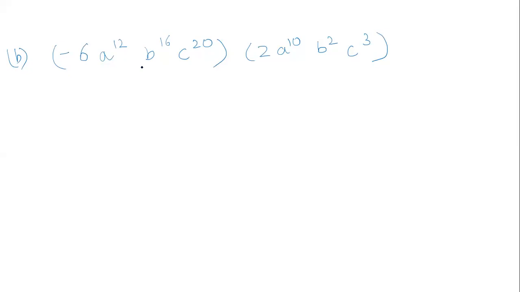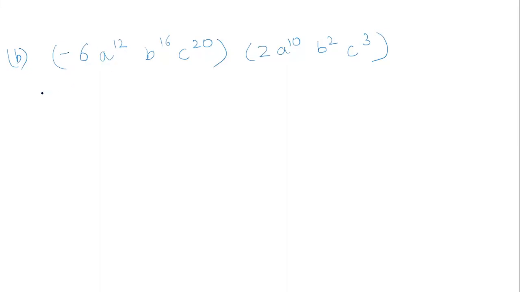Minus 6 A 12, B 16, C 20 into 2 into A 10, B raised to the power 2, C raised to the power 3. So what we are going to do, we are going to accumulate the constants or variables with the same base.